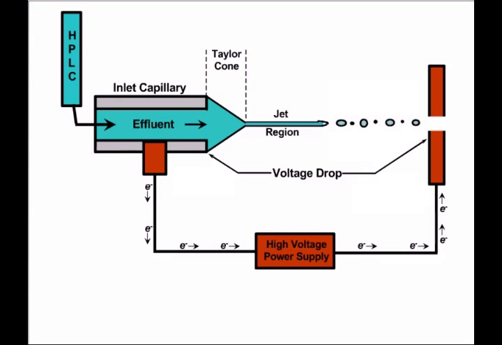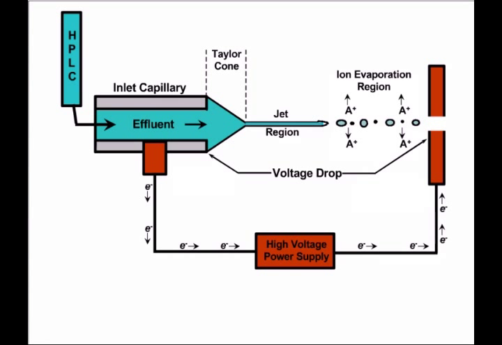The region where the droplets are shown in this picture is a very important region, and it is known as the ion evaporation region. The process of ion evaporation takes place in this region, and you can see I've shown schematically some A+ representing an analyte ion which is positively charged.